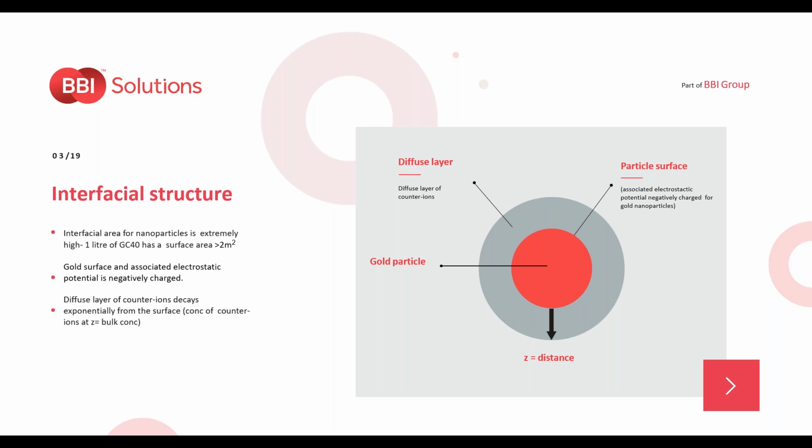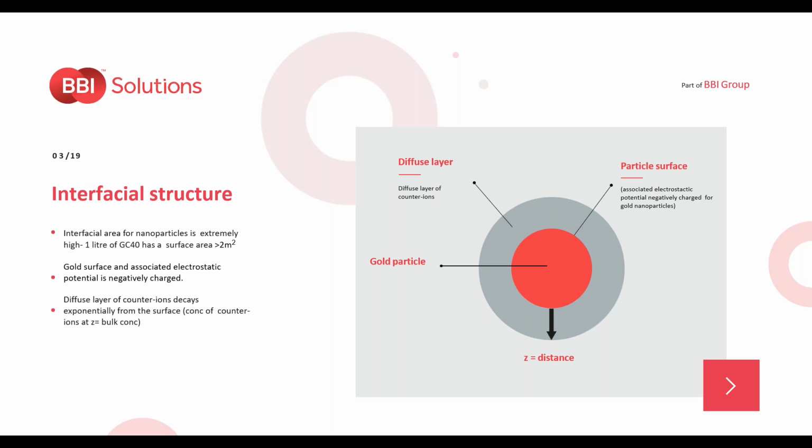One of the reasons that gold nanoparticles are suitable for use in lateral flow devices is that we have very high surface area available for conjugation. So 1 litre of BBI's standard concentration 40 nanometer gold colloid has a surface area of over 2 square meters. When we look at the cartoon, we can see the simplified view.